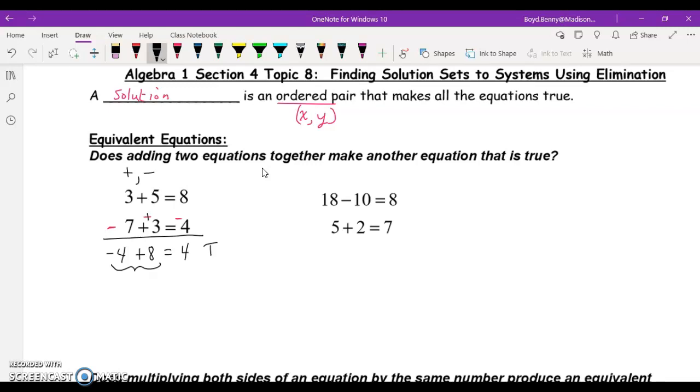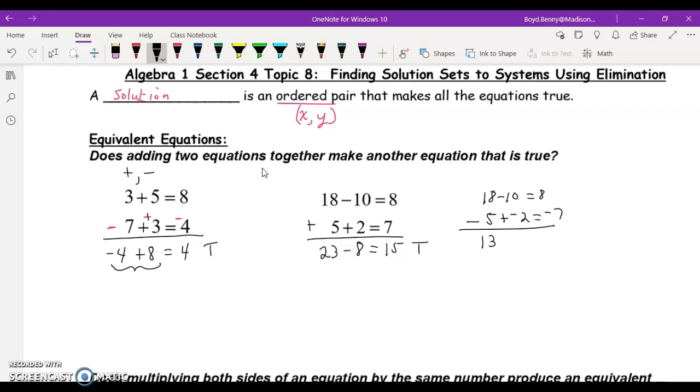Let's take a look at the second group. What happens if I add? 18 plus 5 is 23. Negative 10 plus 2 is negative 8. 8 plus 7 is 15. So again, we see this as a true statement. What about subtraction? 18 minus 5, that would be 13.